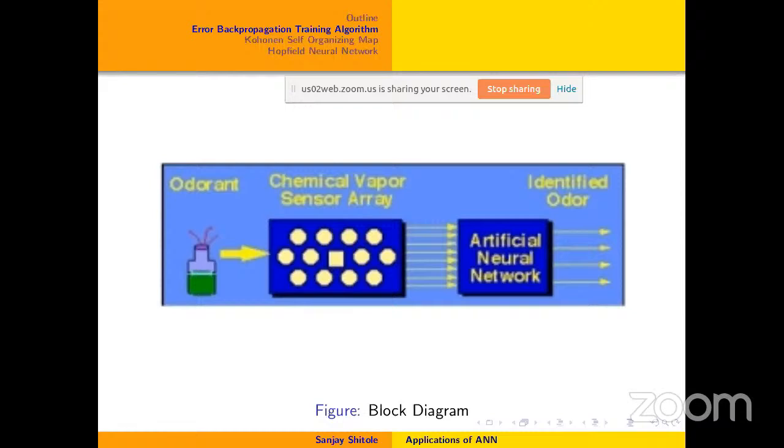So here what happens is, we inhale, exhale air, inhale, exhale, inhale, exhale. The exhaled air from the human body has some chemical compounds in it. These sensors are designed specifically for sensing these chemical compounds.